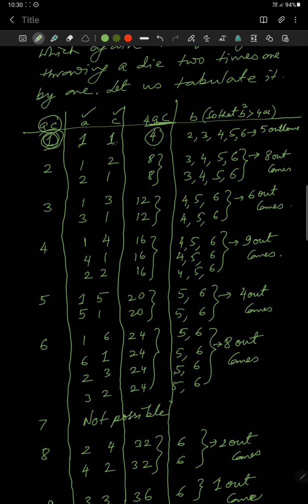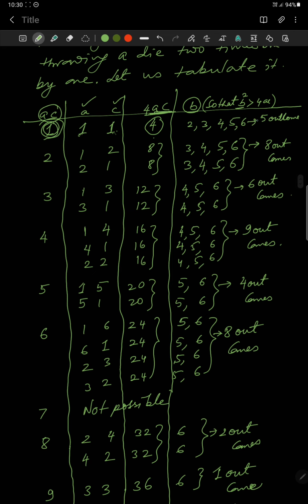So we have to choose the value of b in such a way that b square is greater than or equal to 4ac. So b square equal to 4 could be obtained only when we take b equal to 2, so that 4ac and b square are equal to each other.